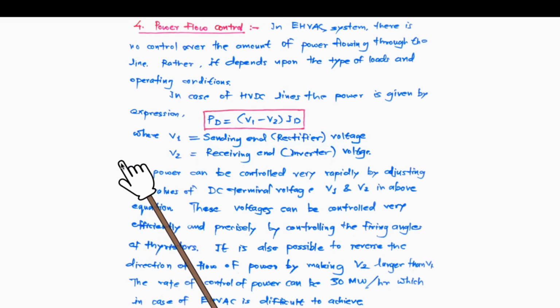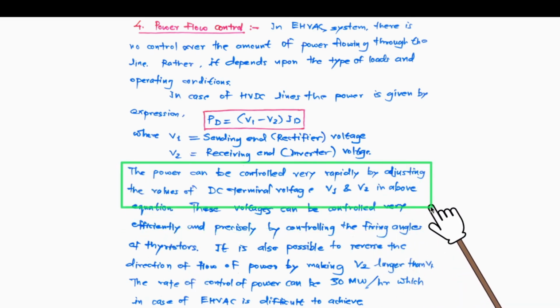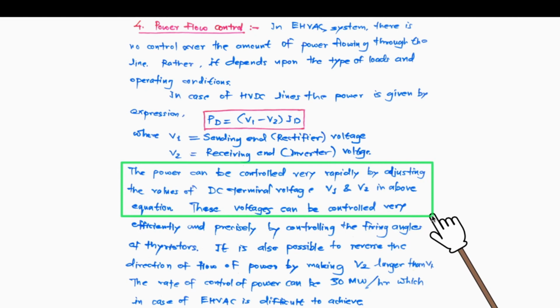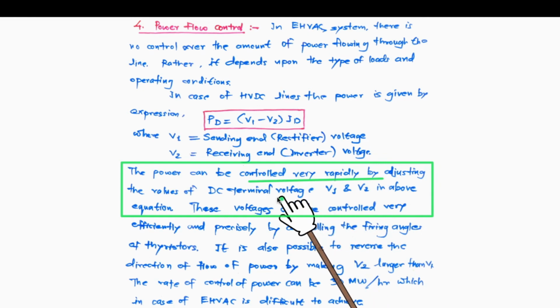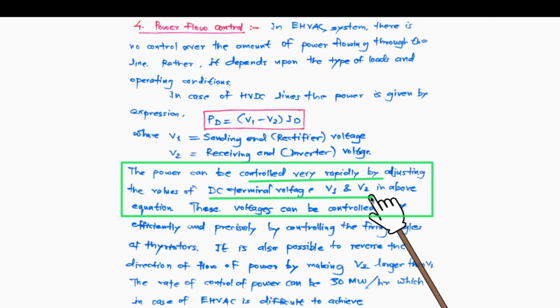The power can be controlled very rapidly by adjusting the values of V1 and V2 in case of an HVDC network. Power controllability, absolutely, is a huge advantage; it can be controlled very rapidly by adjusting the DC terminal voltages V1 and V2. Now there may be a question in your mind, how to adjust DC voltages V1 and V2? The obvious answer is very simple. You have studied power electronics.